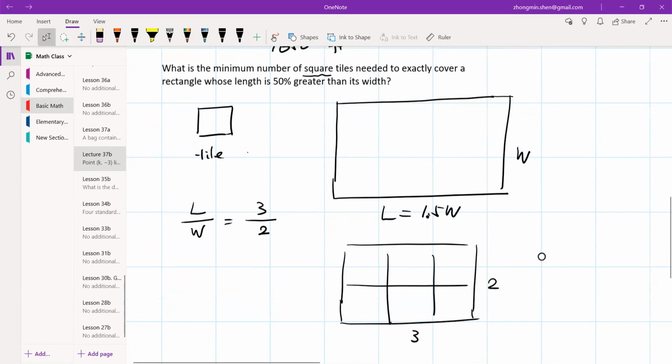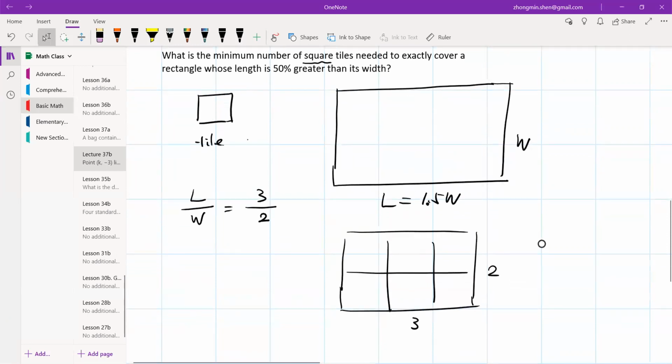We should ask, what is the smallest rectangle you can have which is completely covered by square tiles? Then you determine the smallest possible rectangle covered by square tiles, and you can probably quickly figure out what it is.